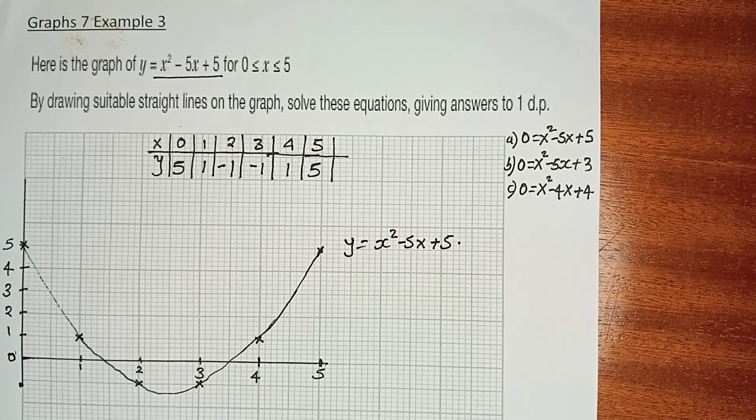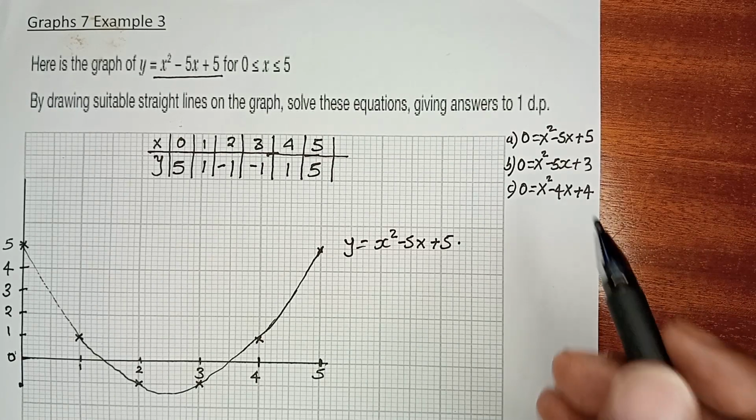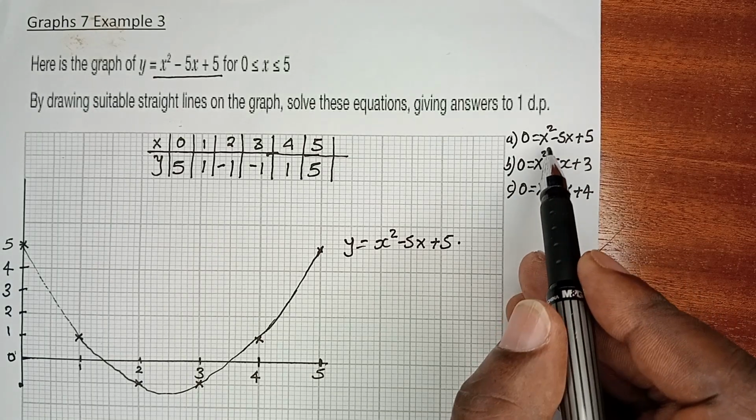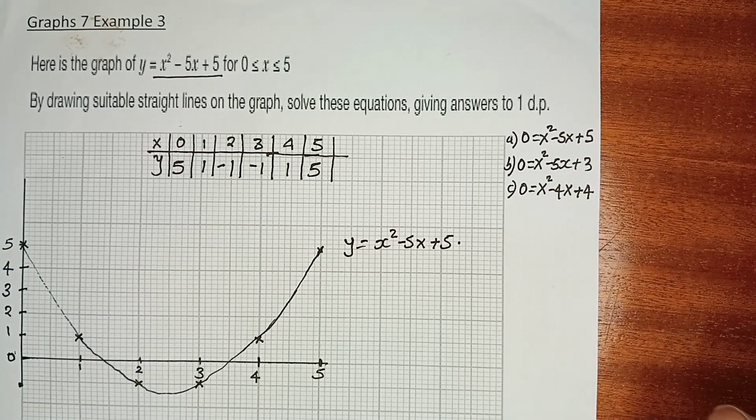That is our graph. Now, by drawing suitable straight lines on the graph, solve these equations, giving your answer to 1 decimal place. We have 3 equations to be solved. The first one is 0 equals x squared minus 5x plus 5.